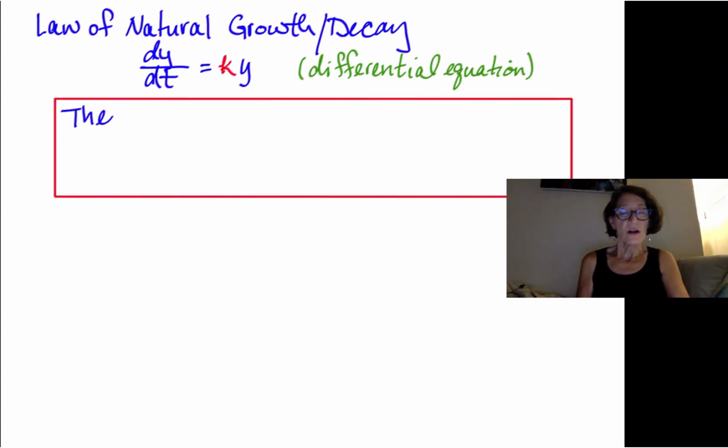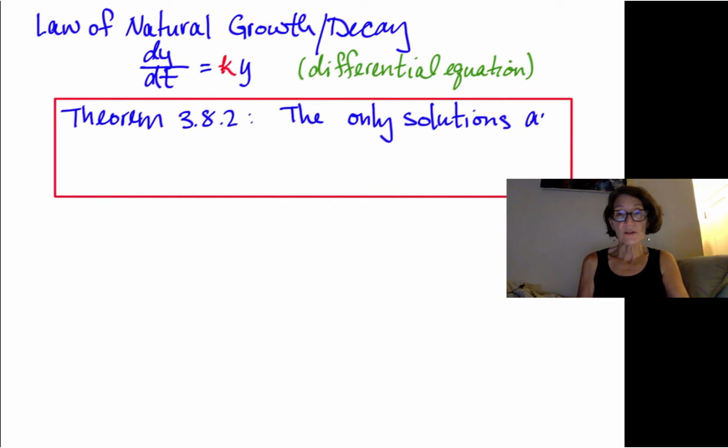So we have a theorem in section 3.8, theorem 2, which says the only solutions to this type of differential equation where dy/dt equals ky are exponential functions of the form y of t equals some constant c times e to the kt, where k is the same k that was in the differential equation.